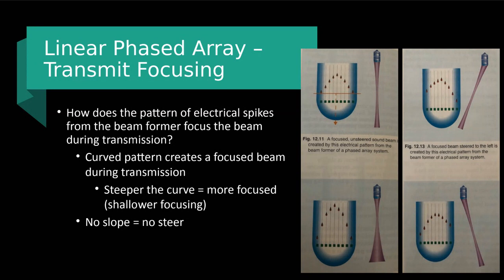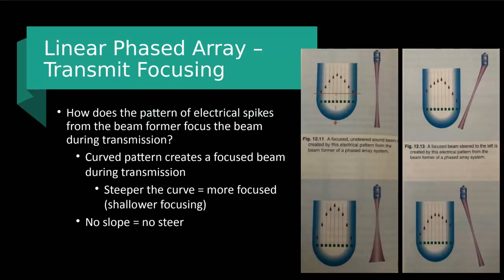So we're going to have shallower focusing, right? We're going to have a decreased near zone length because our focus is going to be a lot closer. Now, if we have no curvature at all, so we're still exciting our active crystals at the same time, there's going to be no steering. So if there's no curvature, no slope, that means we are not focusing and we're not steering.